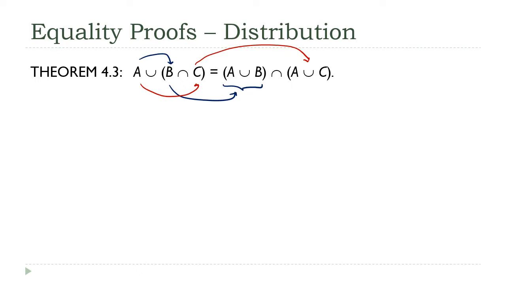So what we're showing here is a version of a distributive property for sets. So to do that, I'm going to use the procedure that we talked about on the last slide. And I'm actually going to do this on two slides here. I'm going to do the first subset on this one. It's going to take a little bit of room. So then I'm going to do the second subset statement on the next slide.